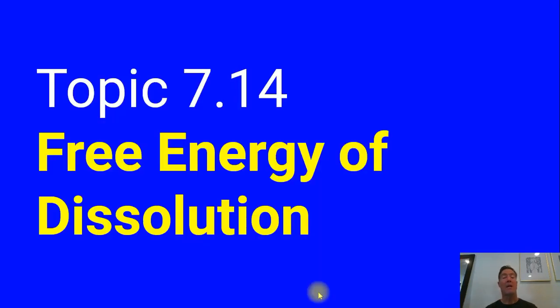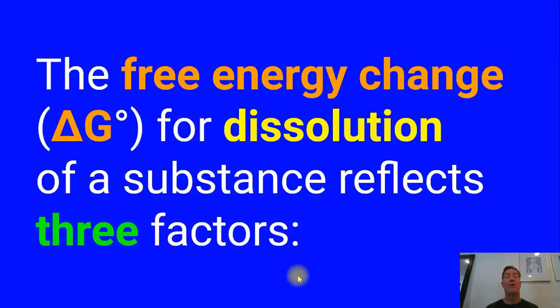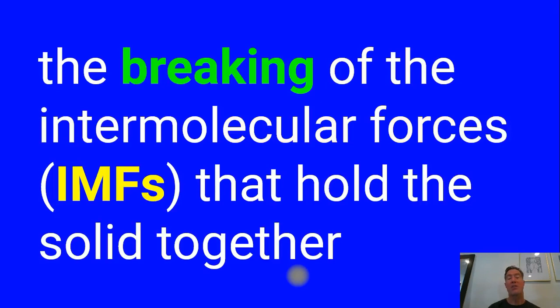Okay, finally we can talk about the free energy of dissolution. When things dissolve, we can see changes in both the enthalpy, that's the energy, and the entropy, that's the disorder that occurs in that process. And we can look at the free energy change, the delta G, for dissolution. And that's going to be the combination of three factors.